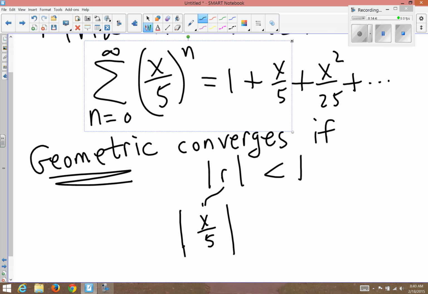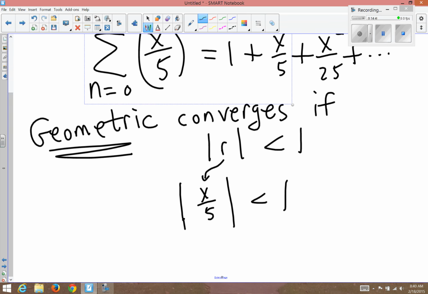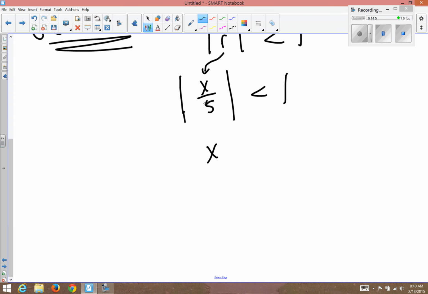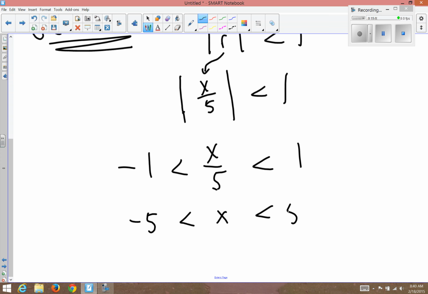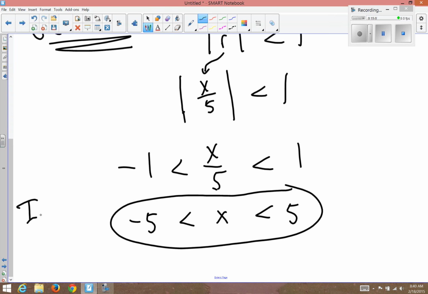The absolute value of r has to be less than 1. That means the thing inside the absolute value has to be between negative 1 and 1. Multiply each term by 5. And there you have the interval of convergence.